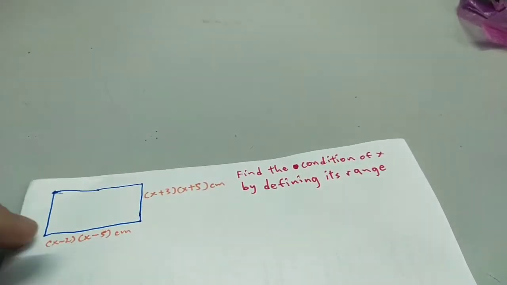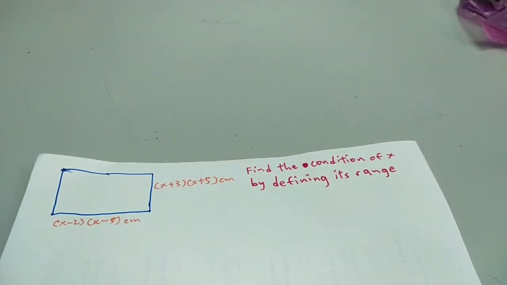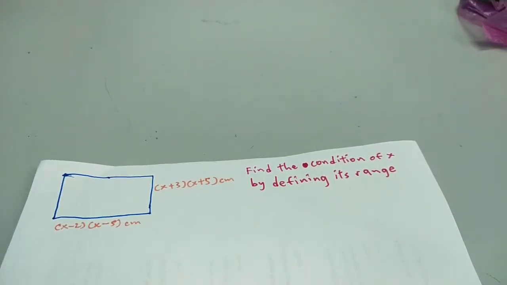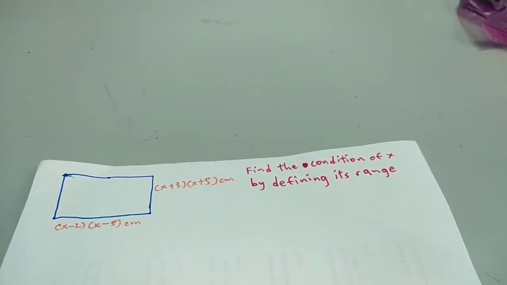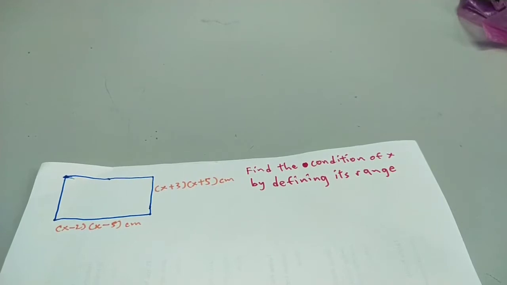In this video, I am going to solve simultaneous quadratic inequalities. We normally know how to solve a quadratic inequality, but have you ever tried to solve a simultaneous, or system, of quadratic inequalities?